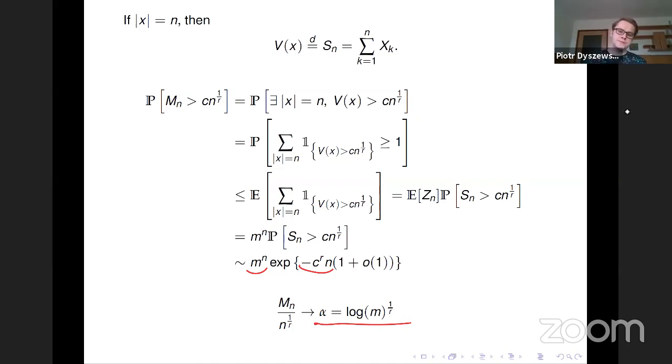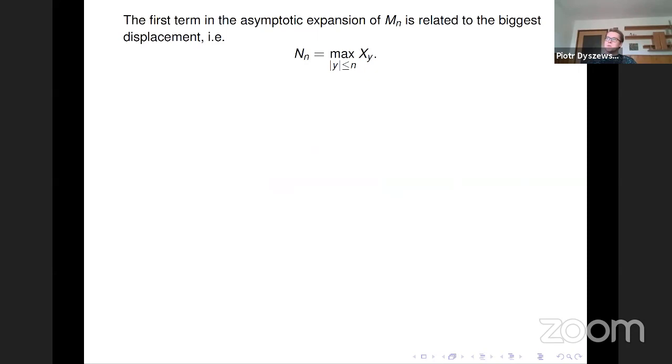All right. So what can we learn from that? Well, this first term really comes from this parameter, right? And we just said that this leading term, this asymptotic of the deviation, comes from the biggest displacement. So we can try to argue that the first term, the asymptotic expansion of the rightmost particle, is related to the biggest displacement in your collection.